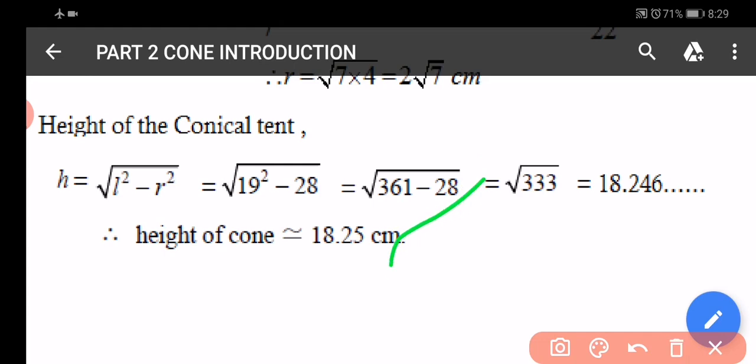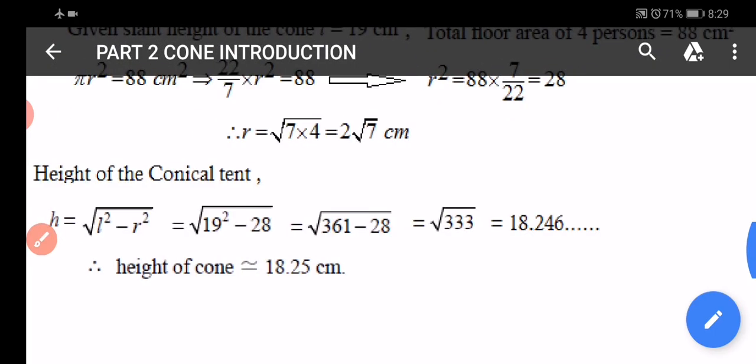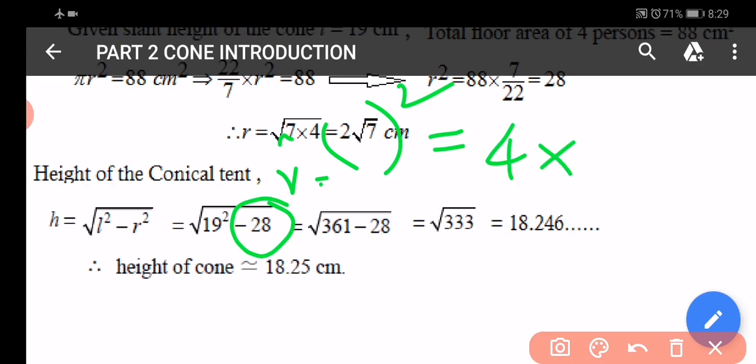L squared is 19 squared. r squared is, with radius r equal to 2 root 7 centimeter, 2 root 7 whole squared. 2 squared is 4, square of root 7 is 7, so 7 into 4 is 28. So we directly use r squared equal to 28.